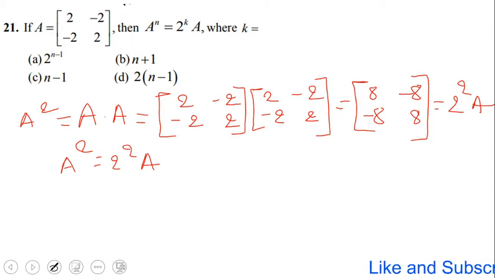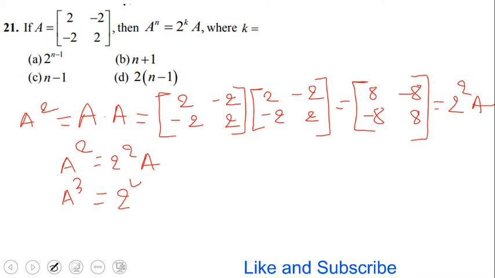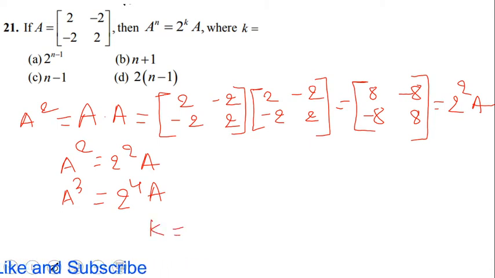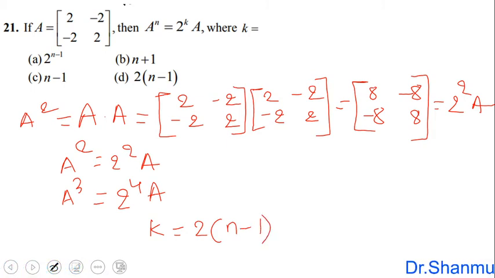If it is A raised to 3, we are going to get 2 raised to 4 into A. So comparing these values, we can write that the k value is 2 times n minus 1. When n is 2 or 3, it is 2 and 4, so 2 into n minus 1 will satisfy.